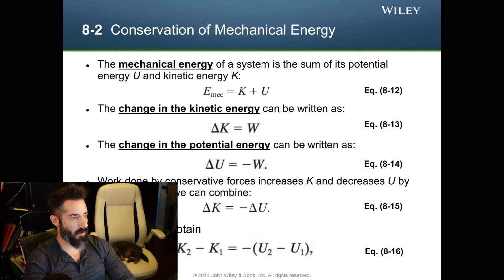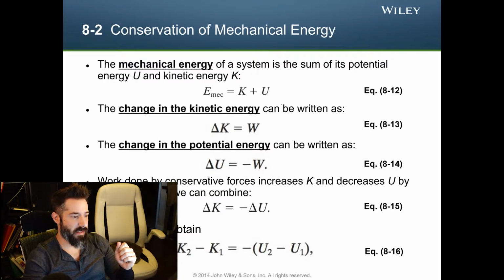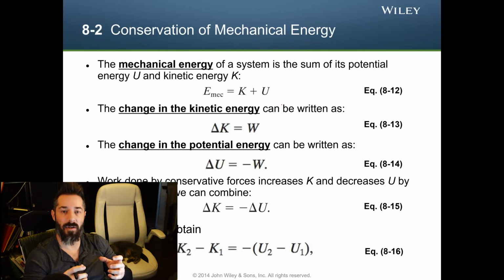Okay, so mechanical energy of a system. This is the total kinetic plus the potential, but it's just of moving objects. So we're not getting things like chemical potential or thermal potential. Those aren't included in the mechanical. That's a different form of energy. So the mechanical is basically just things moving.